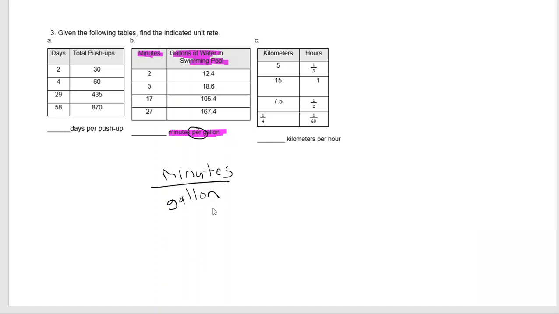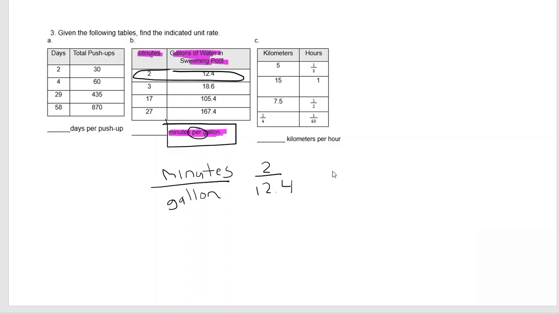So when you're setting up your rate and your unit rate, you have to make sure you read really carefully. There's always two different ways to set up a unit rate, and these words tell you what you're finding the unit rate for. So minutes per gallon, that means we are going to take 2 minutes, that goes on the top, divided by 12.4 gallons.